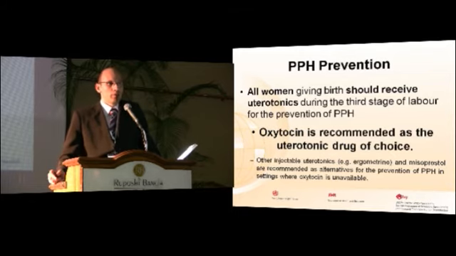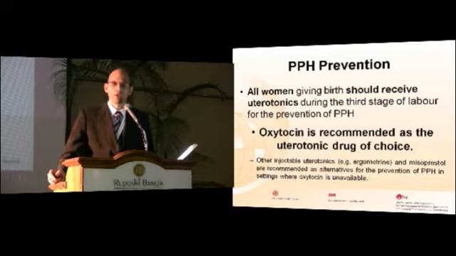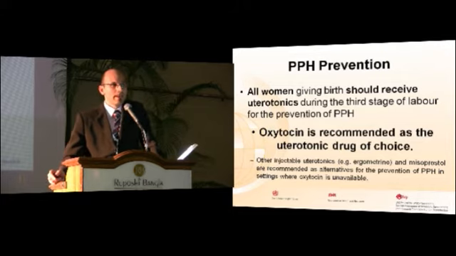In the context of postpartum hemorrhage prevention, the key recommendation is that all women giving birth should receive uterotonics during third stage of labor for the prevention of PPH. That's the key recommendation. And oxytocin is recommended as the uterotonic drug of choice.